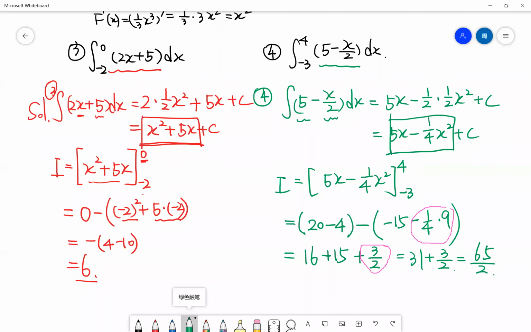Okay, that is the same. And then you should know, yeah, here, that is 3/2. What is the question? Did I make a mistake? Here 16 plus 15, and then minus here, minus means plus.